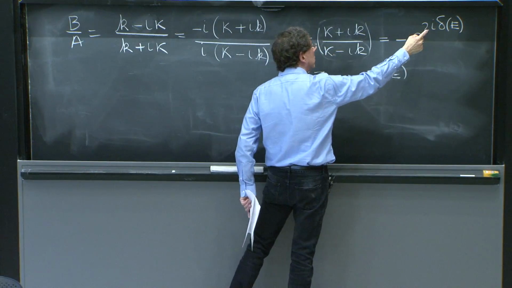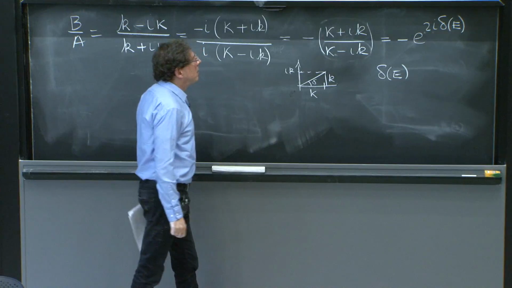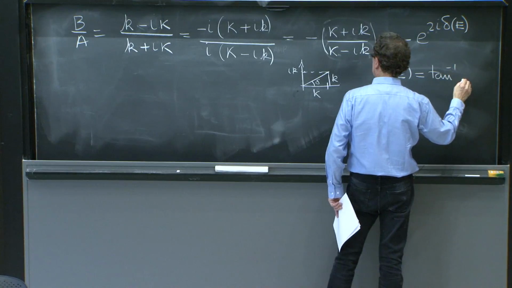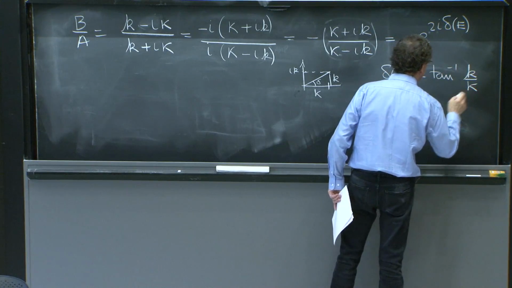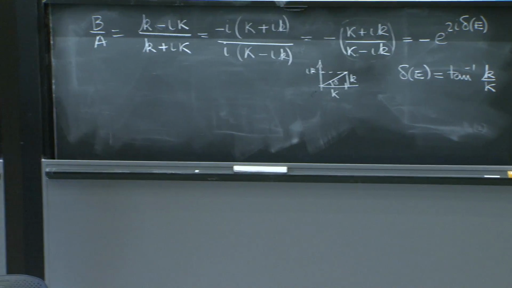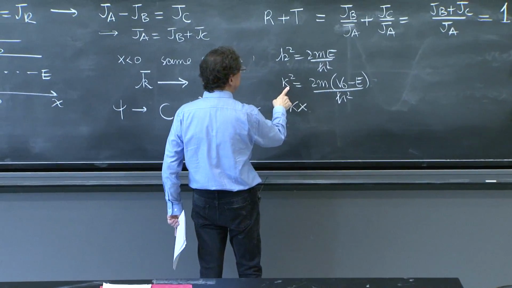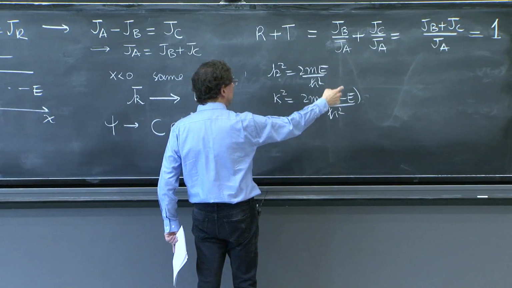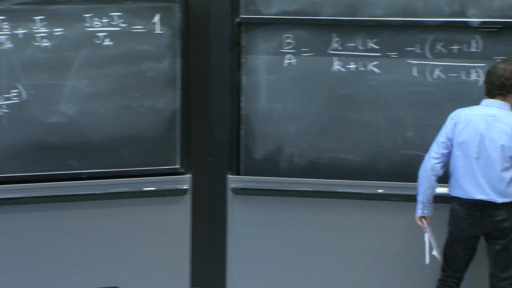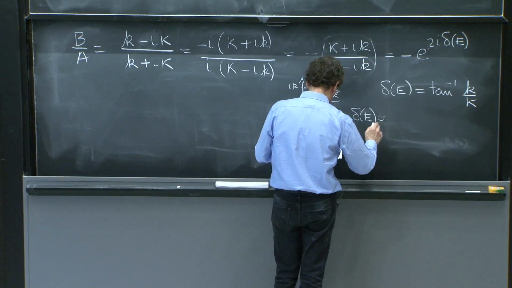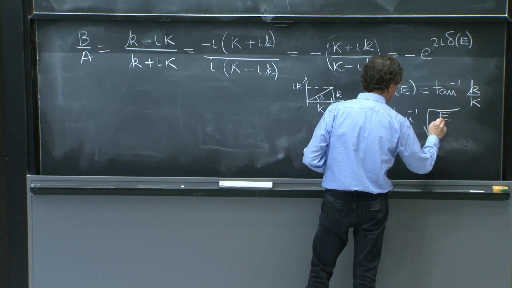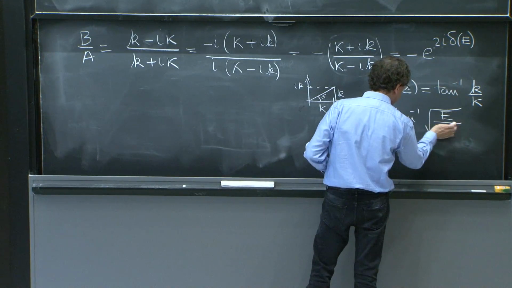And that's why you get a total 2i delta here. So delta of E is tan minus 1 of k over kappa. And if you look at what k and kappa were, k over kappa is like the ratio of the square root of the energy over V naught minus the energy. So delta of E is equal to tan minus 1 of the square root of E over V naught minus E.